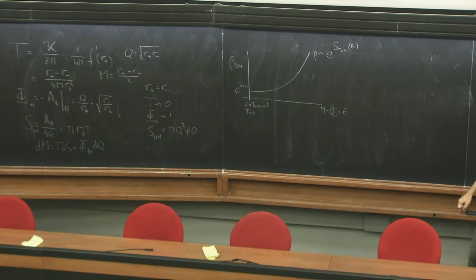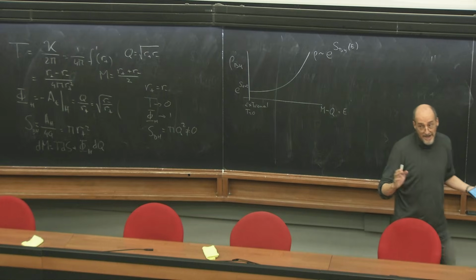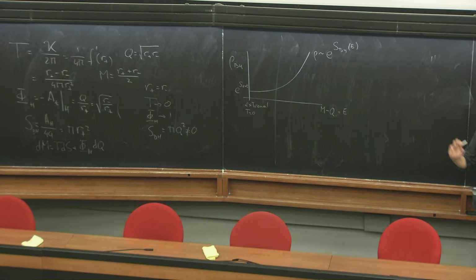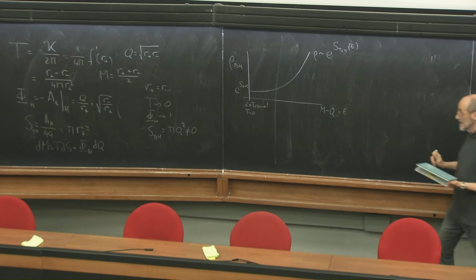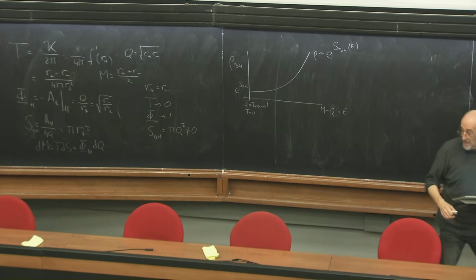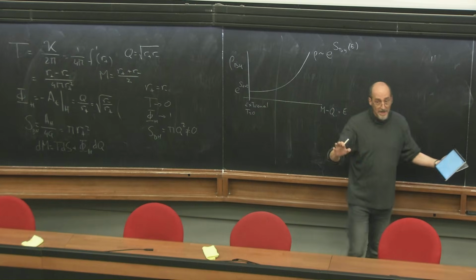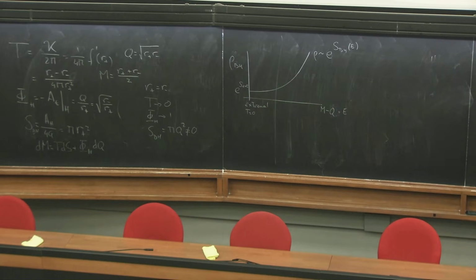For a macroscopic black hole, the entropy is large because the entropy is area measured in Planck units. If your black hole is very large in Planck units, then the entropy is very large. The exponential of a large number is a huge number. So then this means that at 0 temperature, you have a huge degeneracy of states.